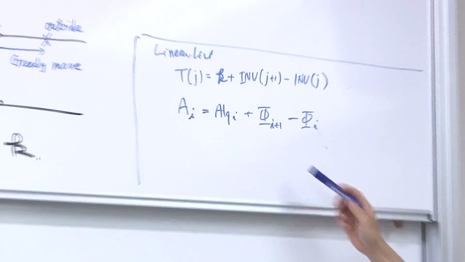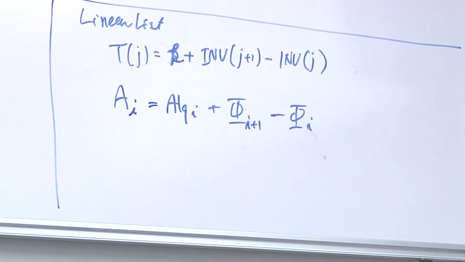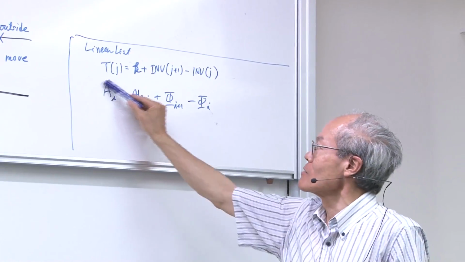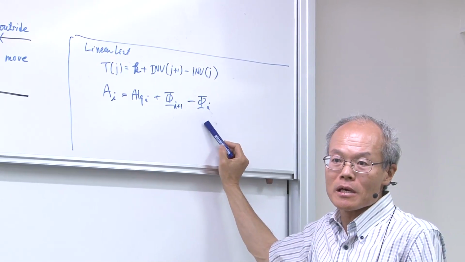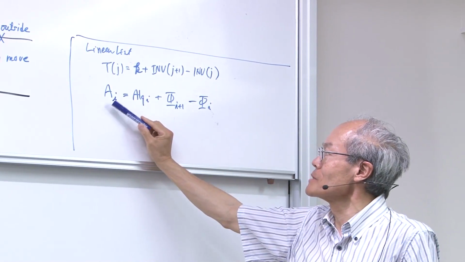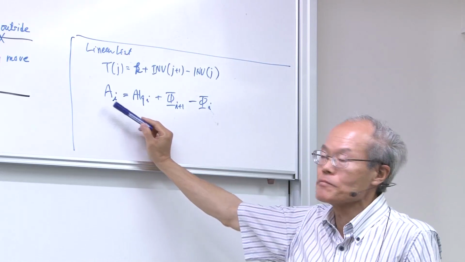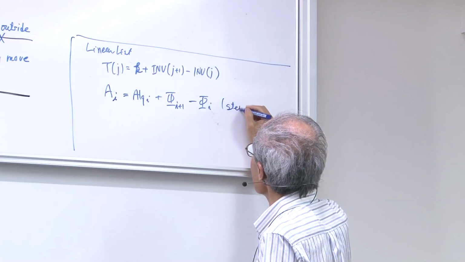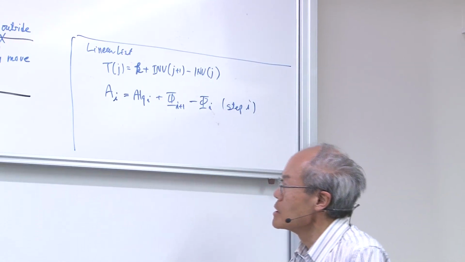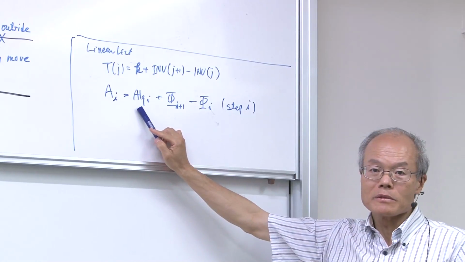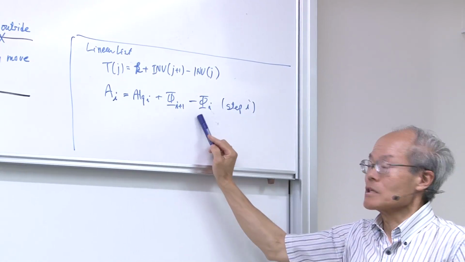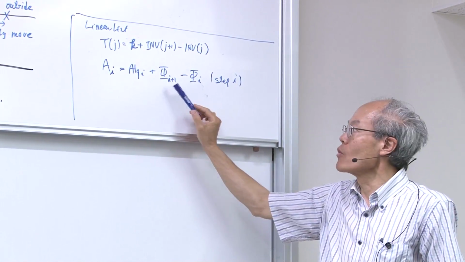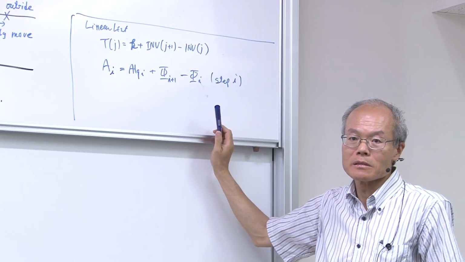I don't know why I changed the subscript from J to I, but anyway, it's not so important. So this is amortized cost, AI. Generally speaking, we use amortized cost AI at step I. That is the real cost of the algorithm at step I plus something. I'll show you in a moment what kind of value this is.